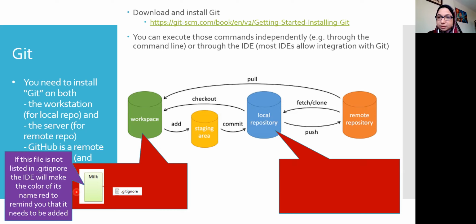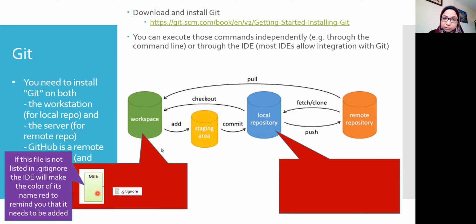I don't claim that I tested every single IDE that exists, but I've seen these colors consistently in a couple of IDEs. So it highlights a new file as red if it's not listed in the .gitignore and it's not added to the repository, just to indicate that this file needs to be added to the repository.